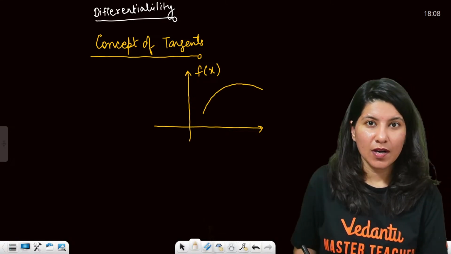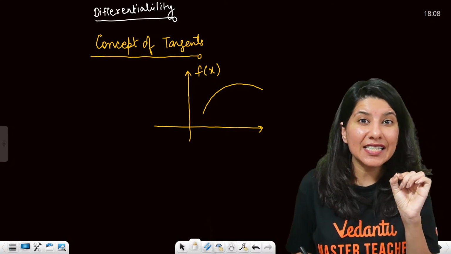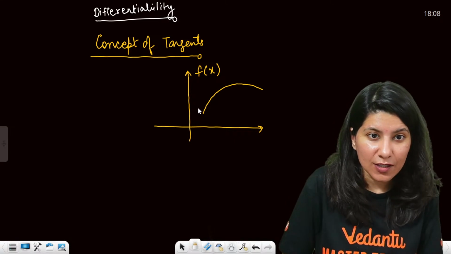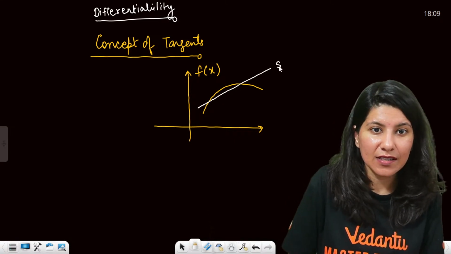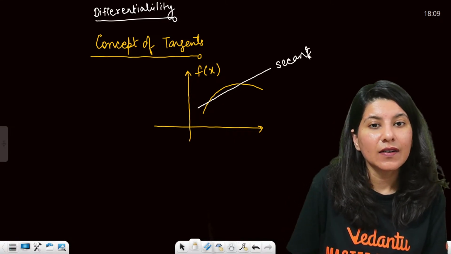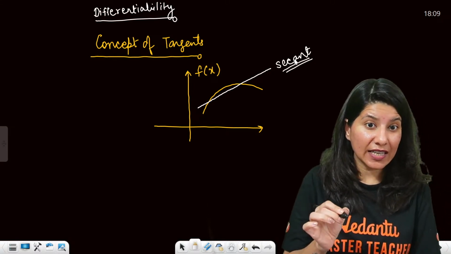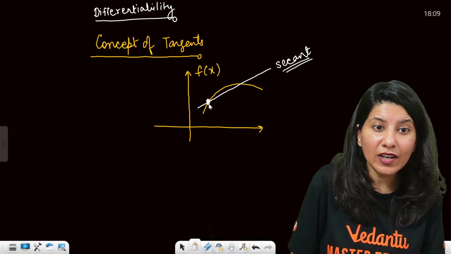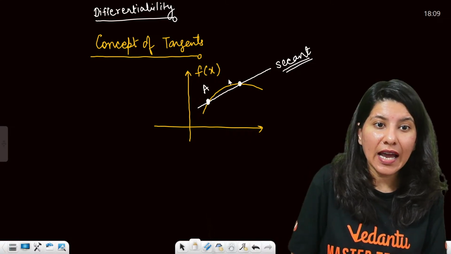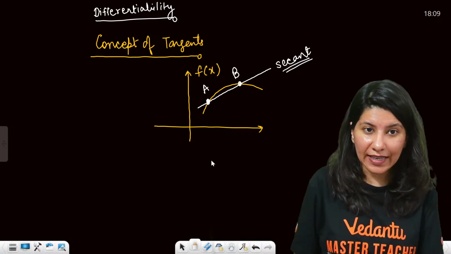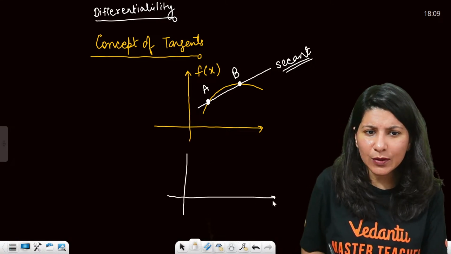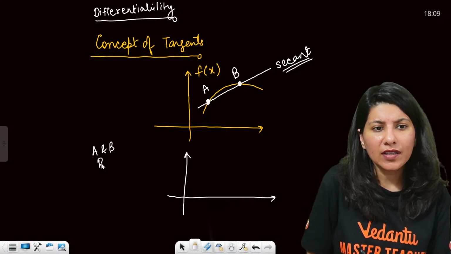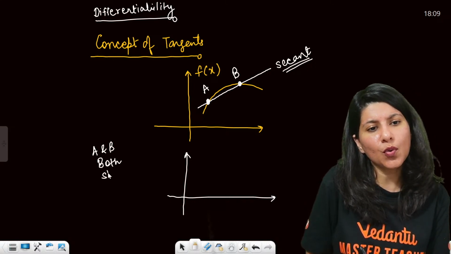And now I will draw a secant. Over here I will draw a secant. So a secant will look like this. What is a secant? A secant is something which will cut the curve at two different points, A and B, right? And what if I tell you that I want A and B both to coincide?